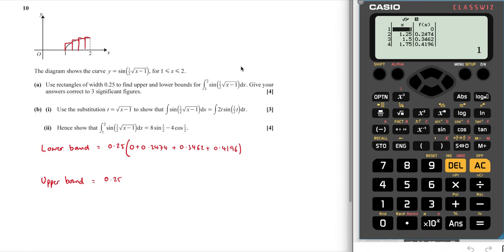I'm now going to use the values from the right hand side of the rectangle, so that would be values 2, 3, 4 and 5 in my table. That would be 0.25 lots of 0.2474 plus 0.3462 plus 0.4196 plus 0.4794.